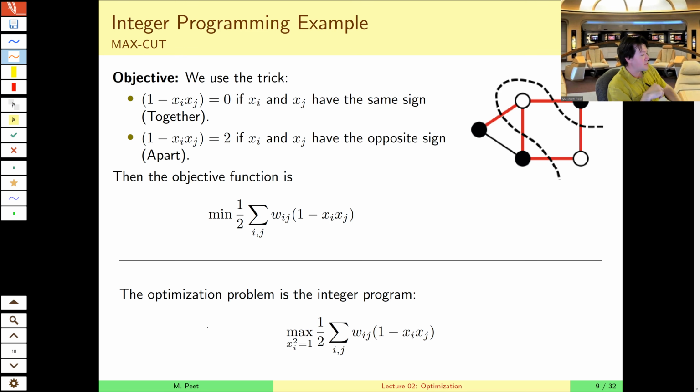Now what about the objective? Remember, we want our objective to have the sum of the costs of separating the variables. And here you have to be a little bit clever.